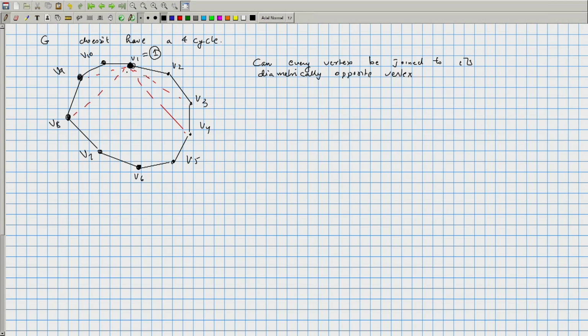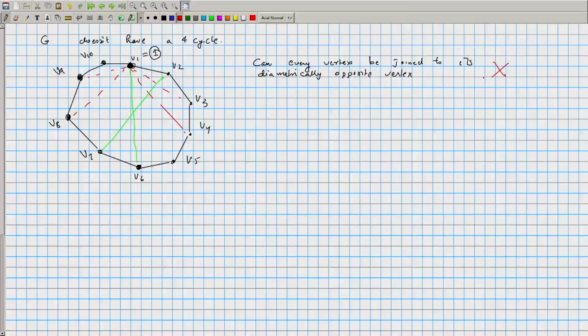If that was the case, V1 is joined to V6 and V2 is joined to V7. Okay. If every vertex is joined to its diametrically opposite vertex, then this is what would have happened, but that automatically creates a 4 cycle V1, V6, V7, V2. Okay. So, this is not possible.